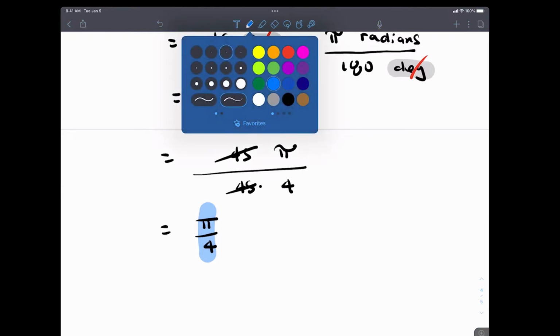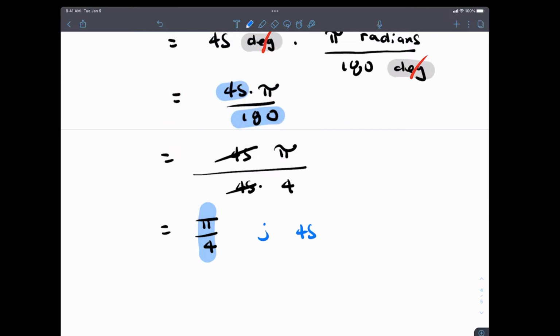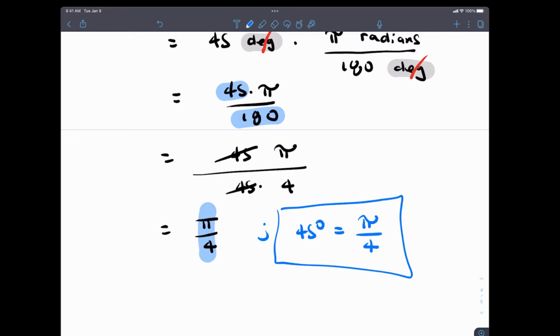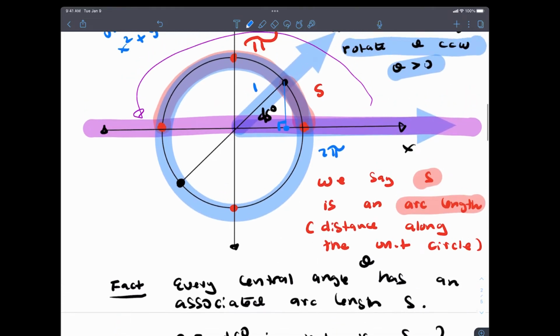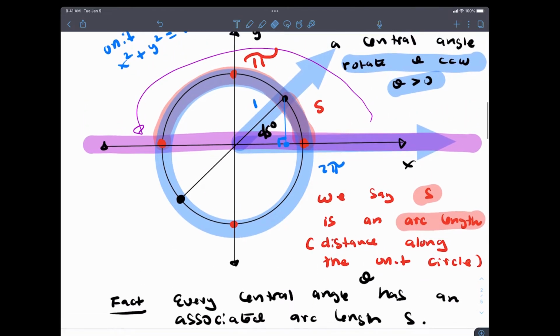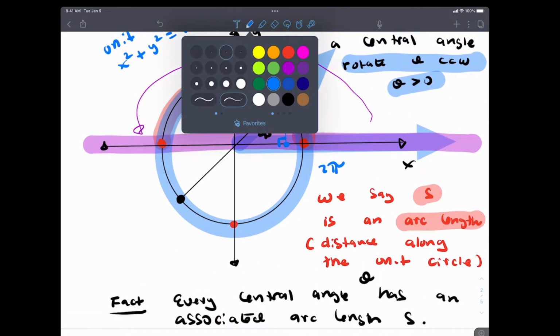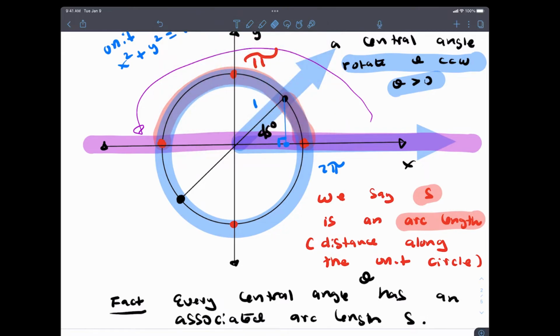This is your conclusion. You have converted your degrees to what? Radians. In other words, this is measuring what? Pi over what? 4. Let's get rid of all the other stuff.